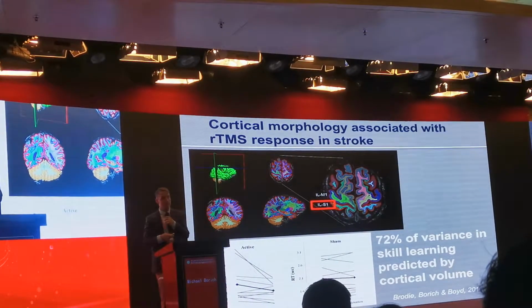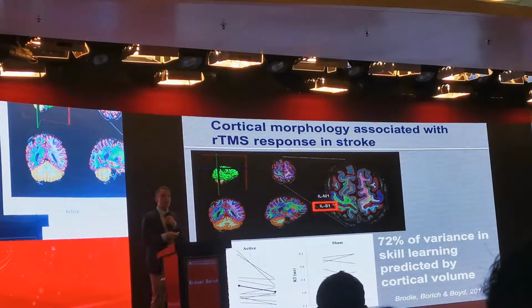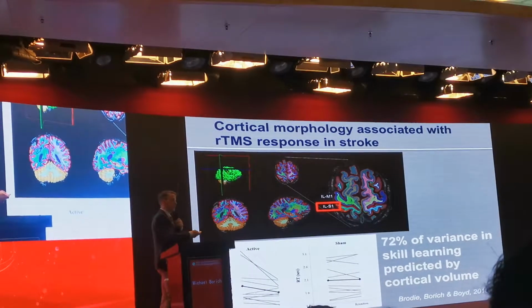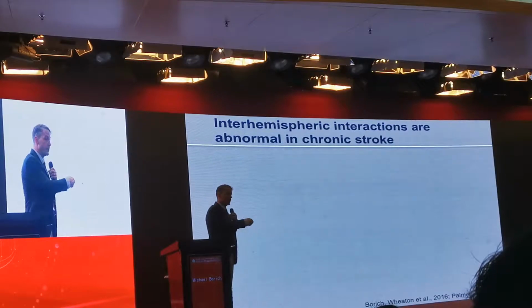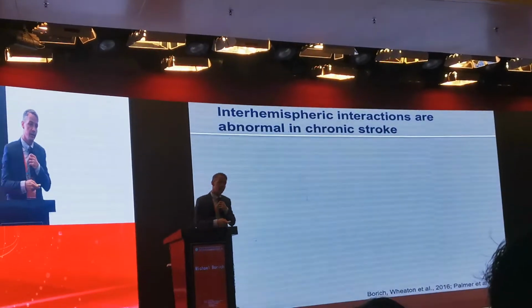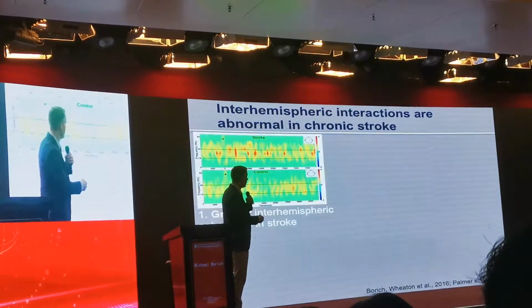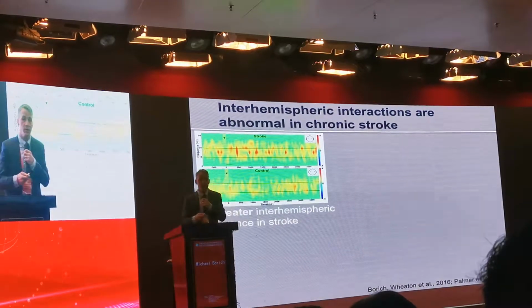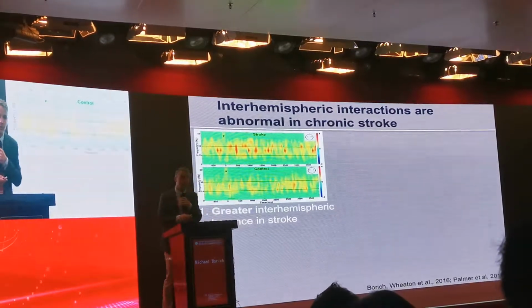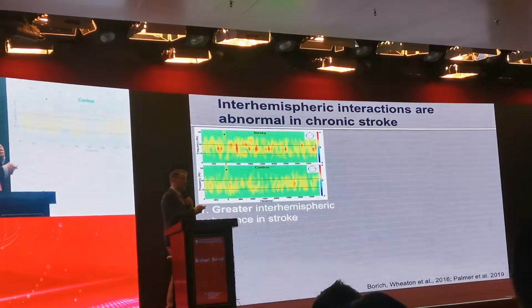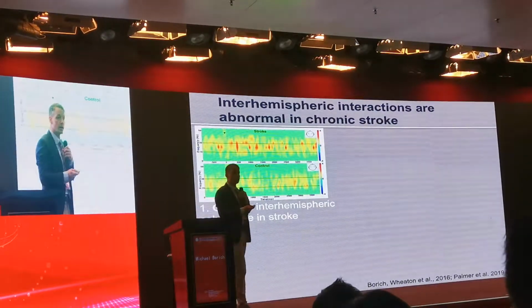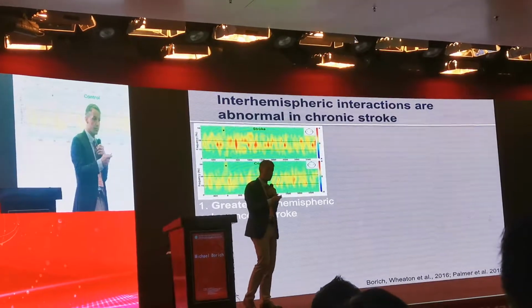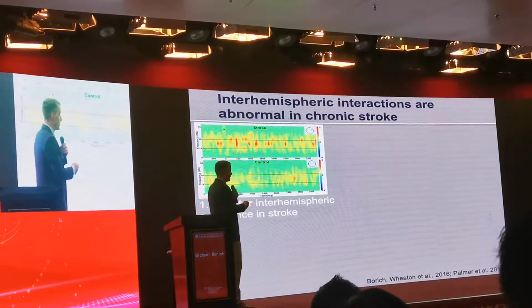So this is just one example of how we're trying to identify potential responders to neuromodulation in stroke. I want to get back to these transcallosally mediated interhemispheric connections. We've shown through TMS-EEG, which I'll talk about very briefly at the end, and I know we have some talks coming up later that will go into more depth, that we have abnormal connectivity between the hemispheres, in particular between the two motor cortices.